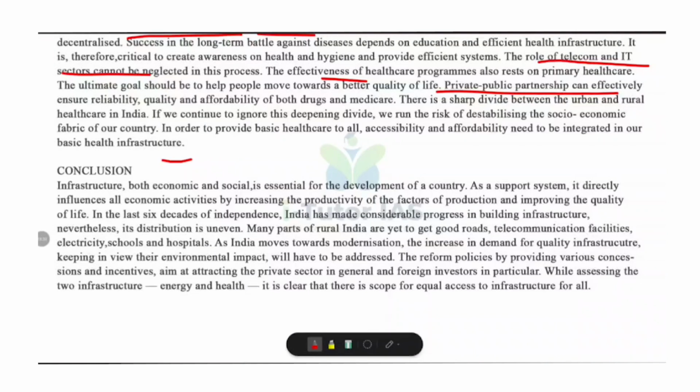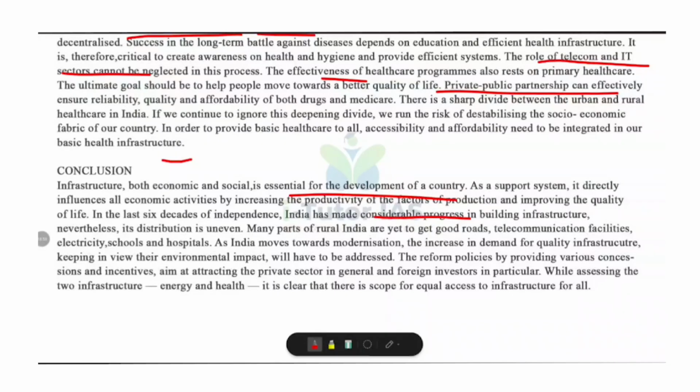Both economic, that means energy, transport, communication, and social, that means health, education, housing. So both economic and social infrastructure are essential for national development. Infrastructure supports all economic activities, increases productivity and improves quality of life. And you know that India has made considerable progress in building infrastructure over the last 6 decades.